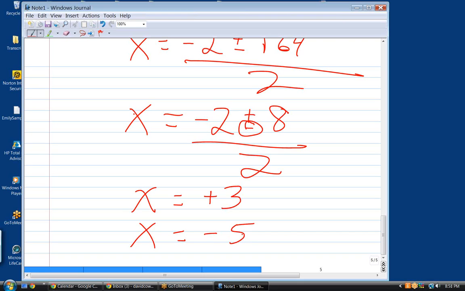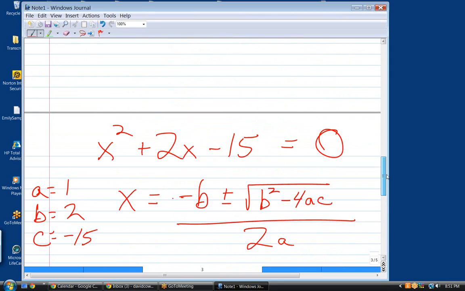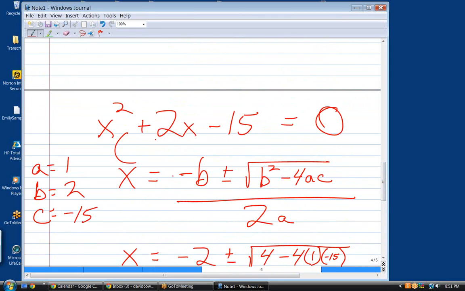Now, notice that we got integer answers, whole numbers. That means that this thing was factorable all along. We didn't need to use the quadratic formula. If I go back and look at it, it factors really easy. x and x, that means the signs are opposite.